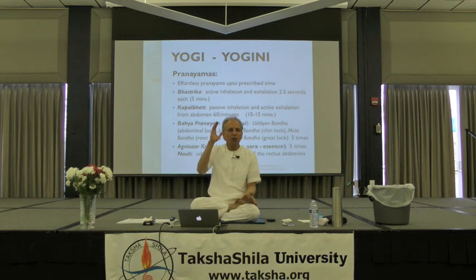For the mind, you do alternate nostril breathing. You will be using your right hand. Using your right thumb, close your right nostril and breathe in through your left nostril.